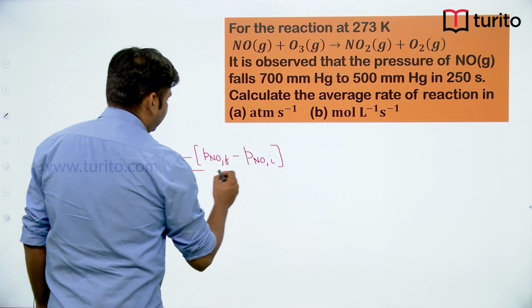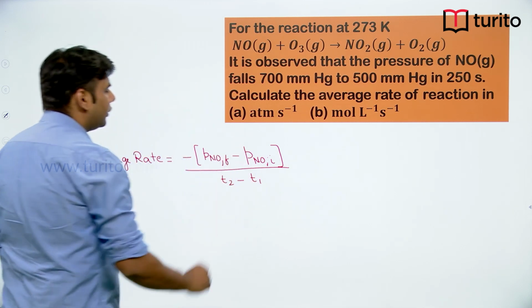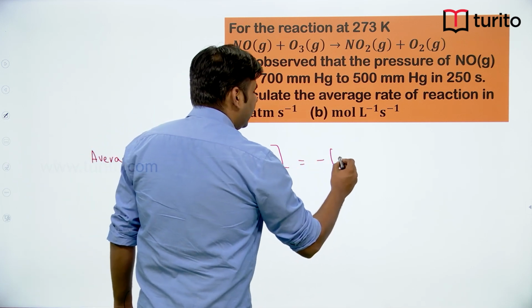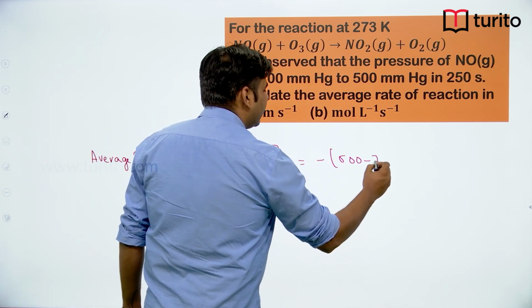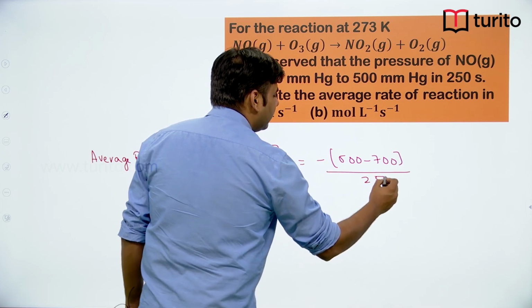Okay, so basically this will be T2 minus T1. So the final pressure given to us is 500 and the initial pressure given to us is 700 and the time taken is 250.